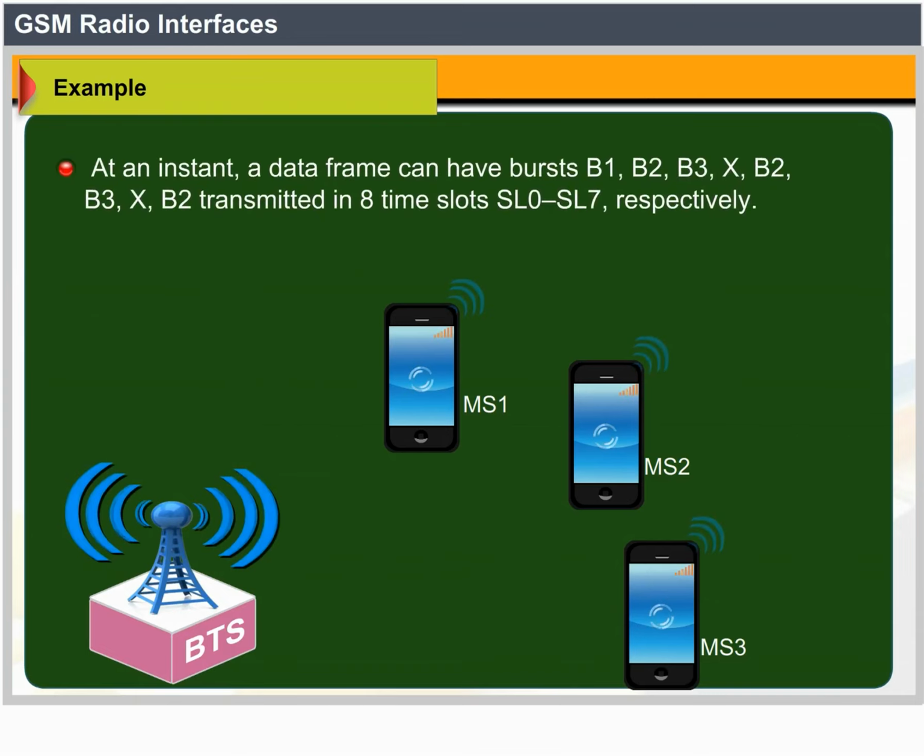At an instant, a data frame can have bursts B1, B2, B3, X, B2, B3, X, B2 transmitted in the 8 time slots SL0 to SL7 respectively.